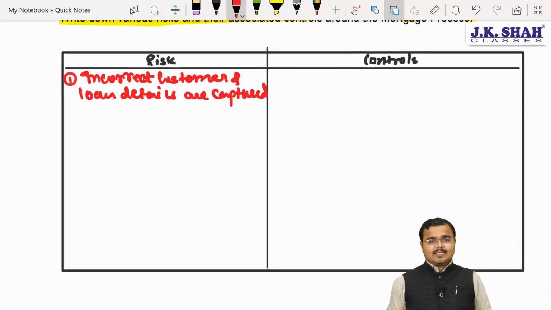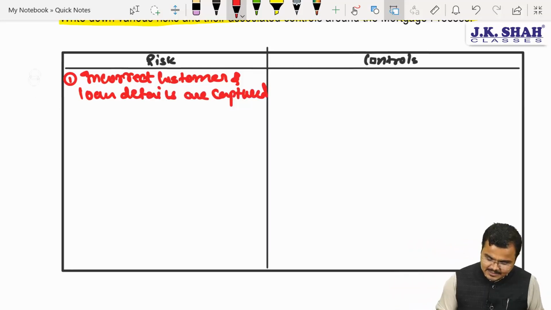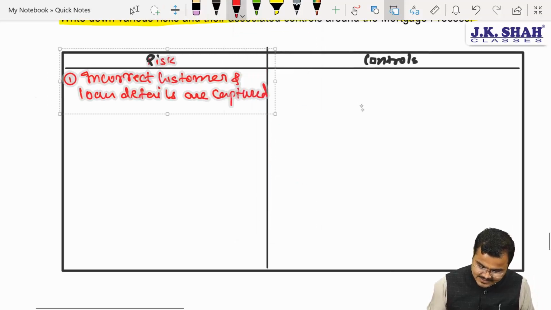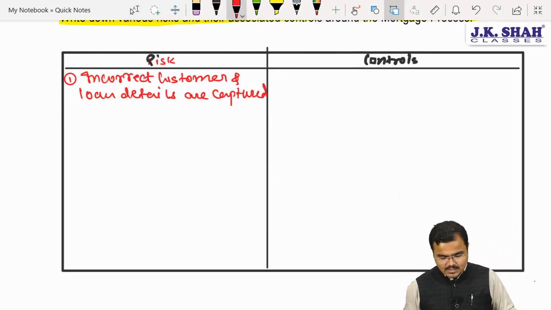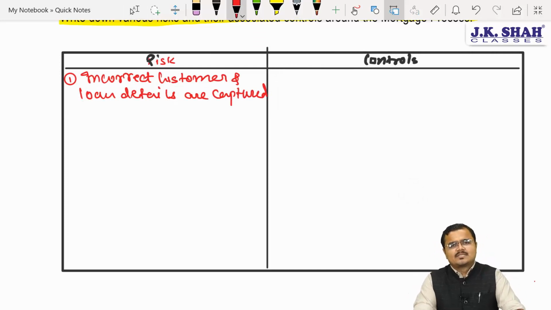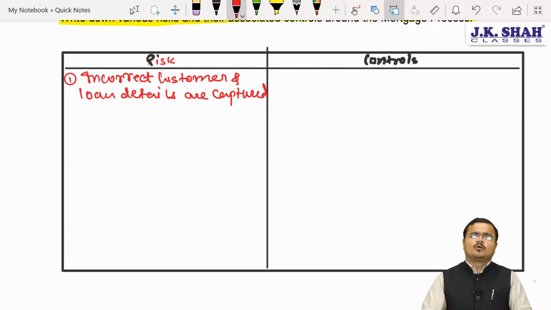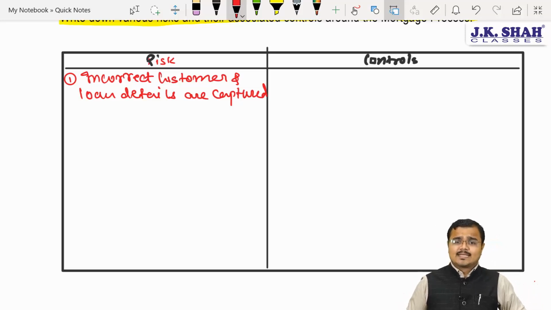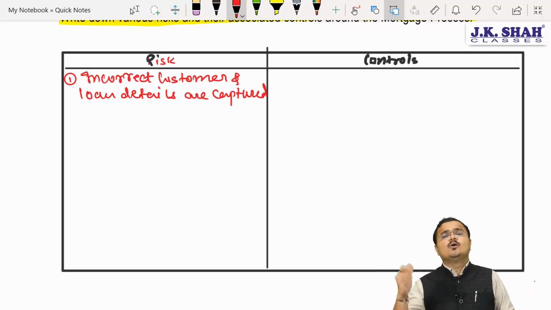Now chartered, there is a major problem: the database is of someone else and we took the details of someone else. For example, the customer's name is Jigar Joshi, and they took the loan details and documentation of Jigar Doshi. Understood? It's a difference of JOSHI and DOSHI.